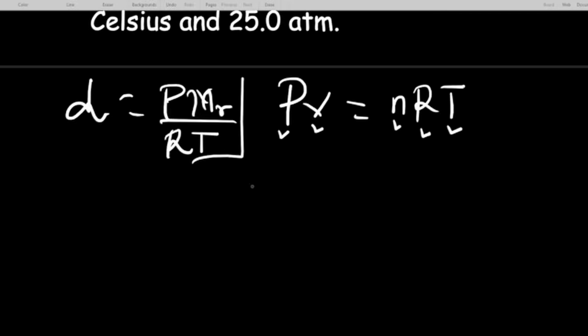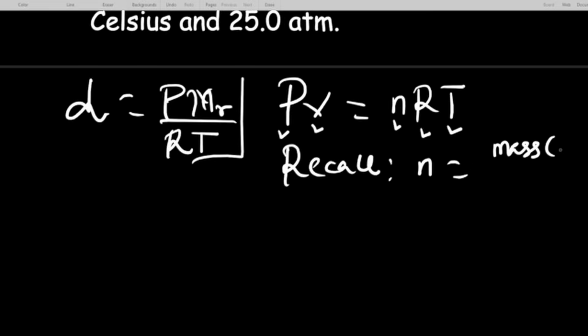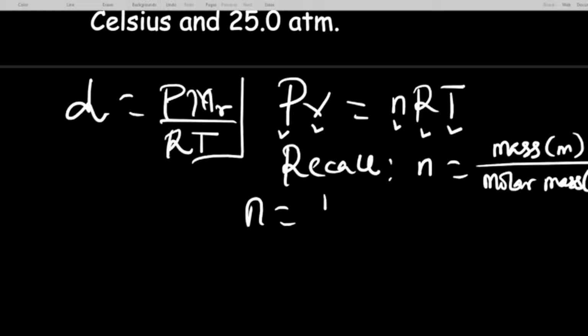Now recall that n, which is moles, equals mass over molar mass, which is known as Mr. So n is equal to m over Mr. Wherever we see n, we simply replace it with mass over molar mass.